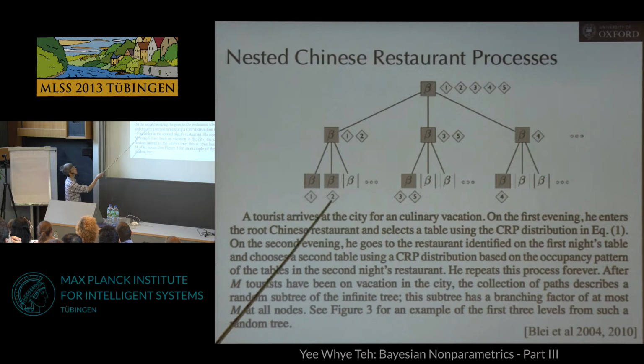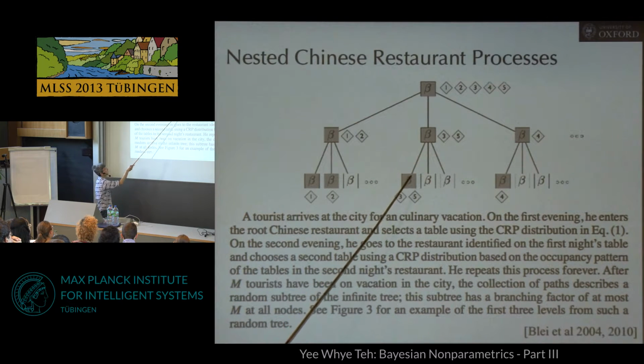And so the customers on the second day, these two customers get the same name card, so they go to the same restaurant. And within that restaurant, maybe they may decide to actually sit at different tables. And similarly, 3 and 5 go to the same restaurant, but that's different from this one. And they may sit at the same table in this case. And then 4 sits at some table and so forth.